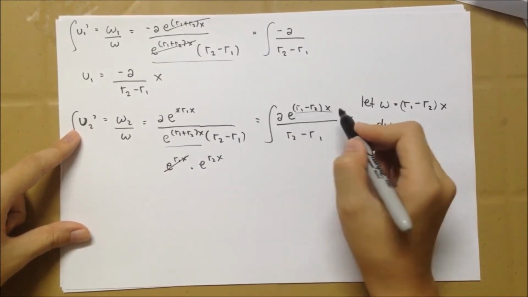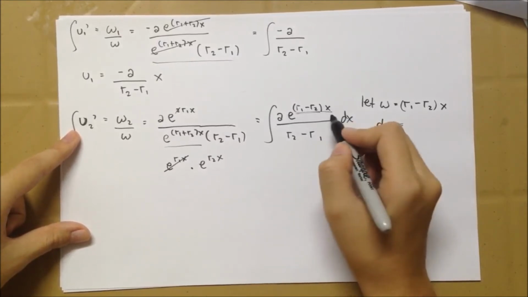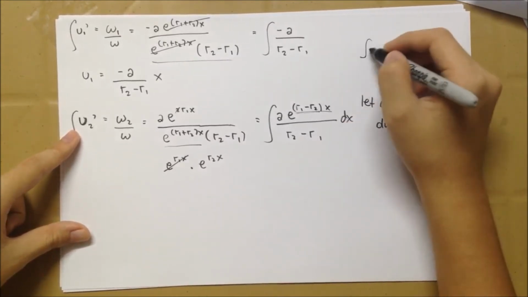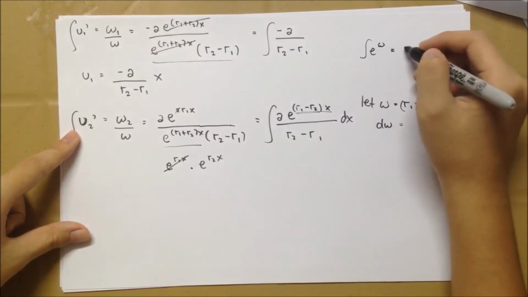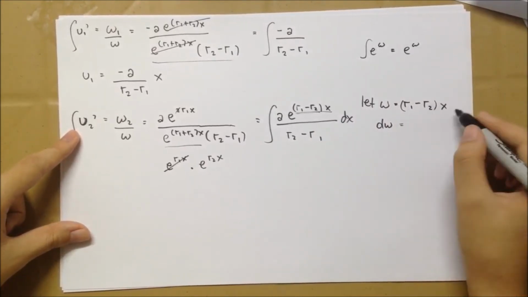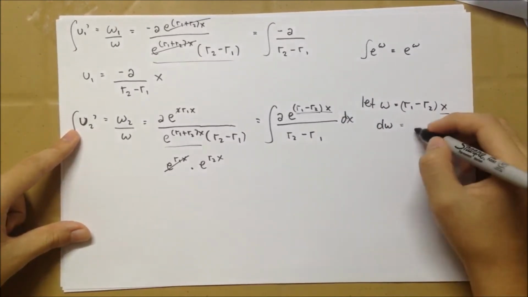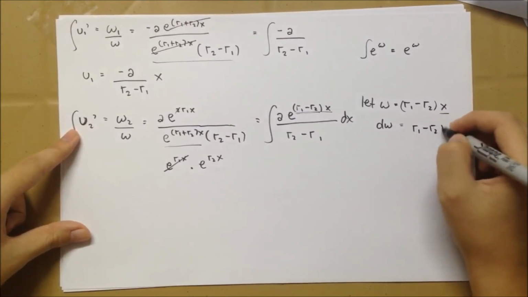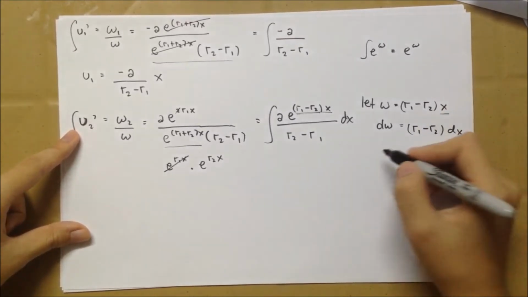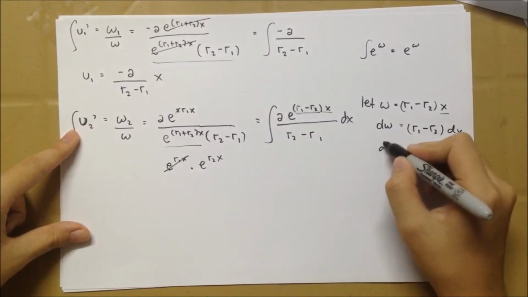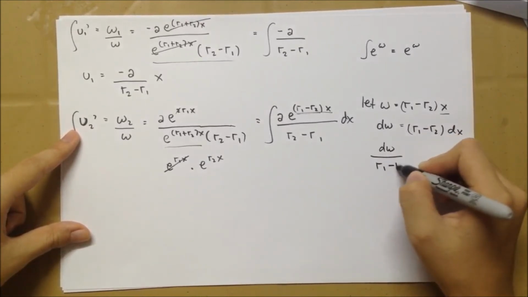Since we aim to express this as e to the w, and the integral of e to the w is just equal to e to the w, the derivative of this in terms of x is just r1 minus r2 dx. So my dx is just equal to dw over r1 minus r2.